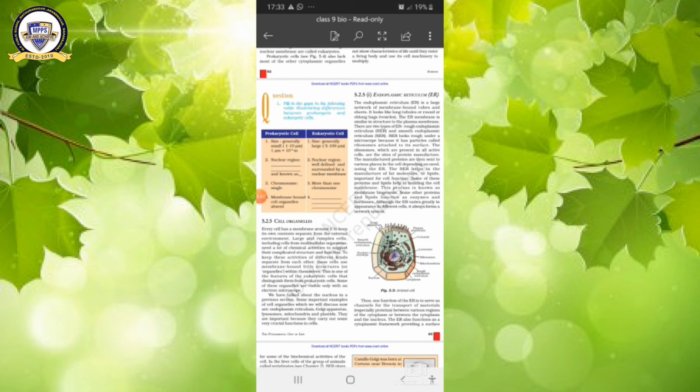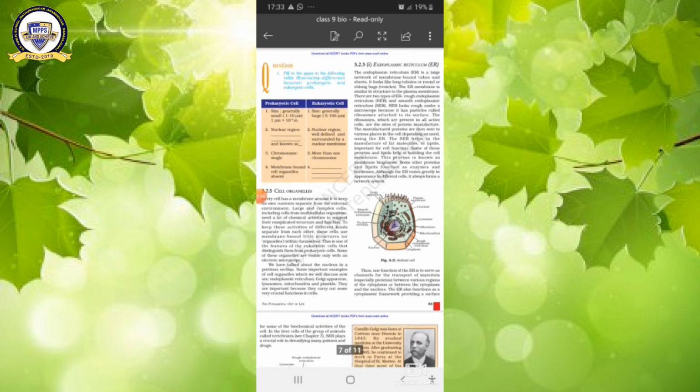The endoplasmic reticulum also functions as a cytoplasmic network, providing a surface for some of the biochemical activities of the cell.